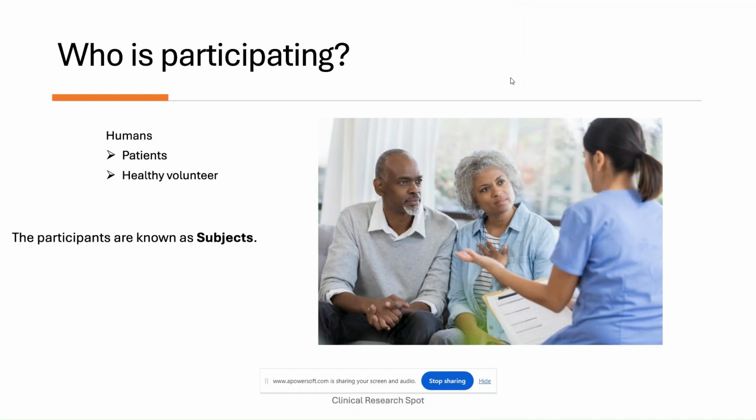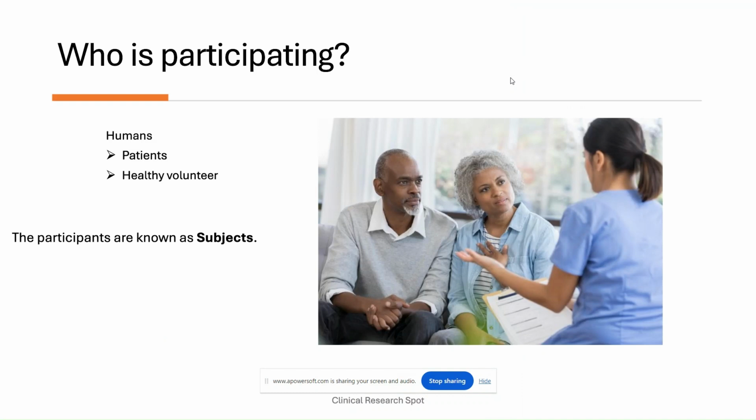The patients, as you know, are those who have the disease condition we are studying, and healthy volunteers are those who don't have any disease conditions, who are healthy. So two types of participants are involved in the clinical trial. According to the phases of the clinical trial, where healthy volunteers and patients participate, we will discuss that during the phases of the clinical trial.